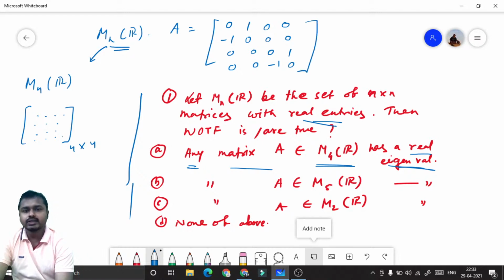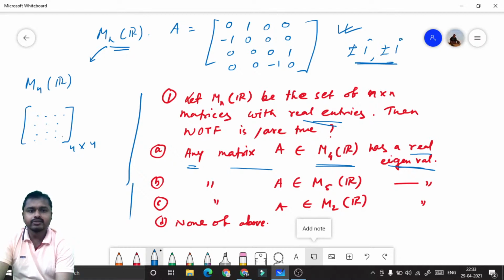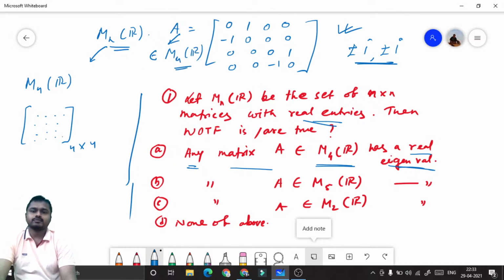If you consider this as your counter example, you will have plus minus i as your eigenvalues, but your A is from M4(R), correct?